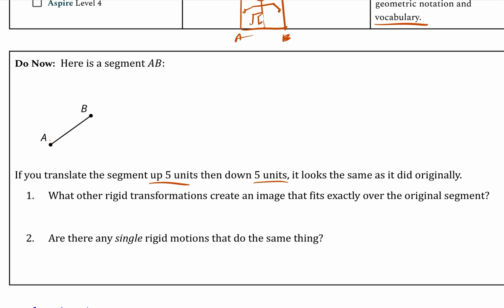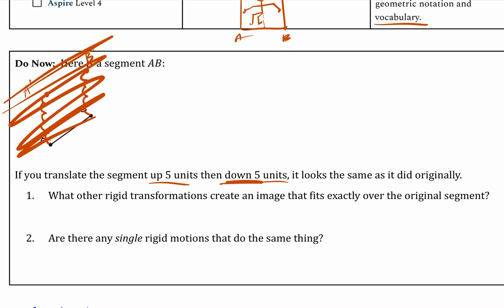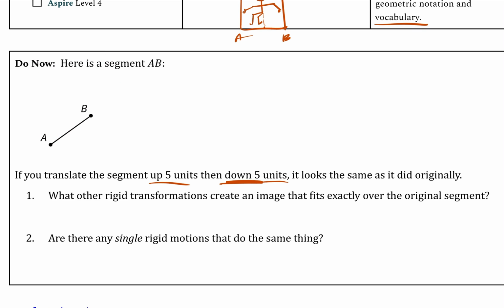So 1, 2, 3, 4, 5. 1, 2, 3, 4, 5. Be A prime, B prime. And it'll be right here. Just a little sketcheroo. And if I then went back down, it would be exactly where it was. So it's like if you walk up 5 blocks and back down 5 blocks, you're in the same spot.